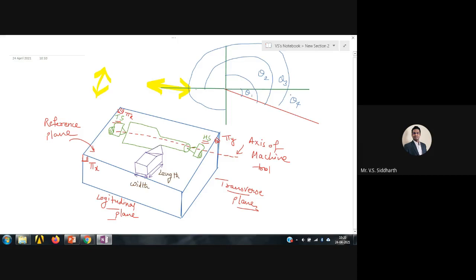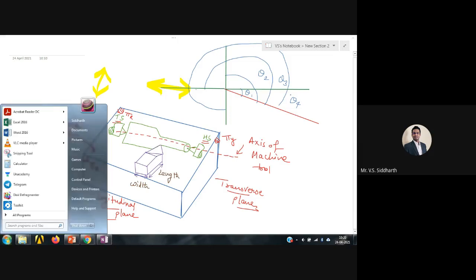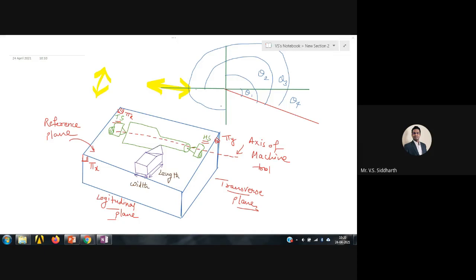So here I have already said that we have 6 different angles in a tool, 2 angles per side. I have also said that the ASA tool signature system is known as the machine reference system.